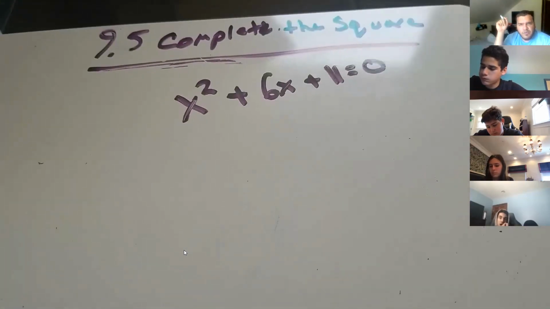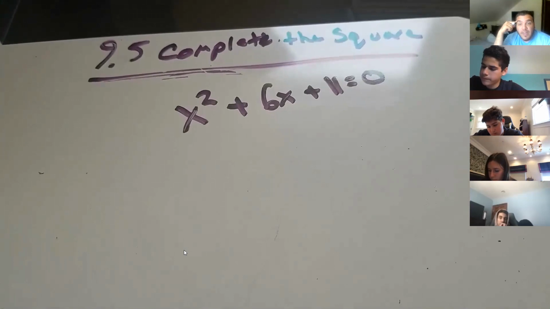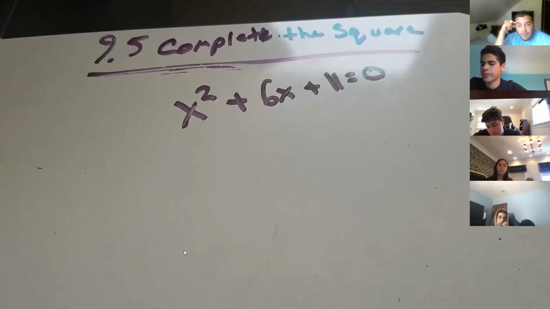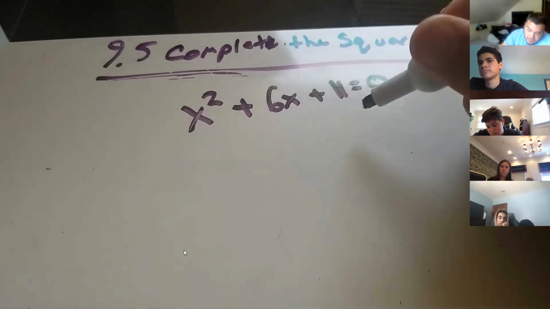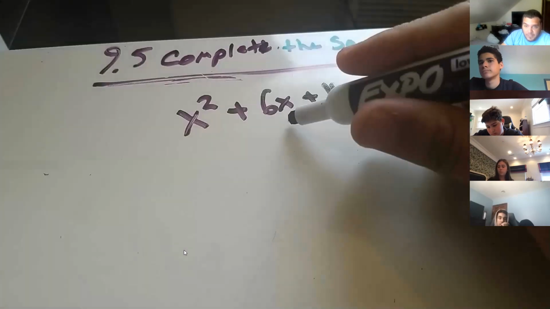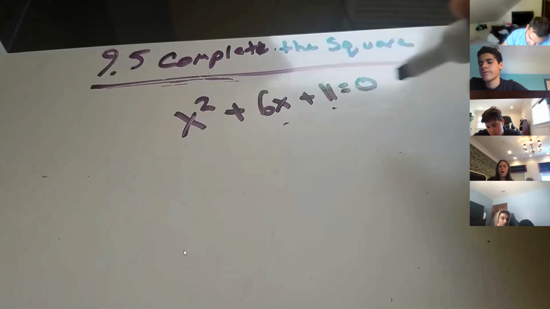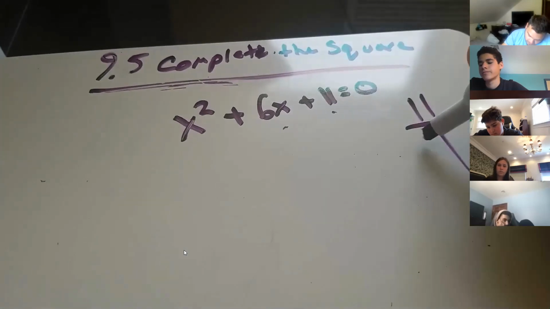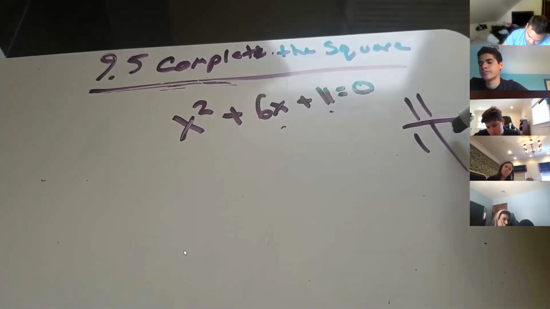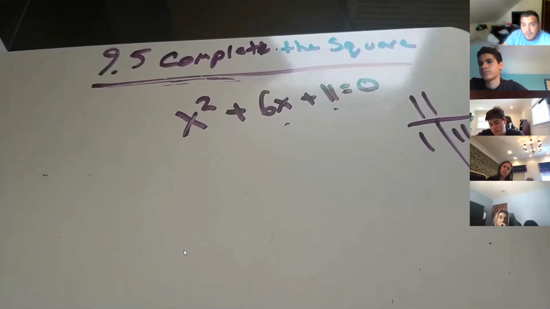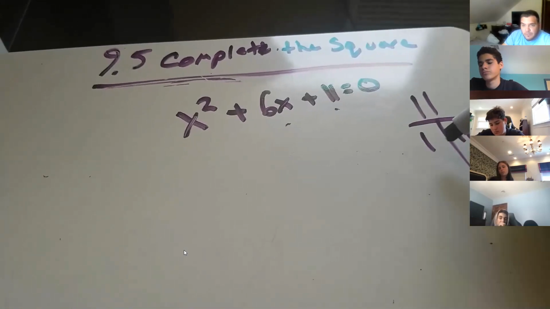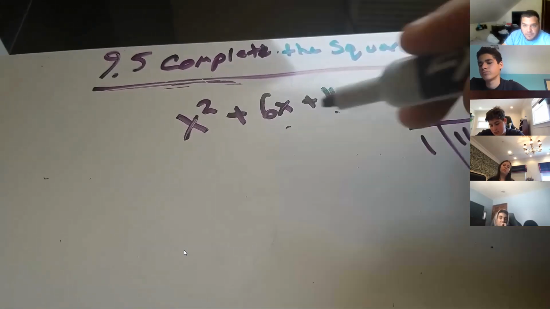Now, how we learned this before is that ABC thing, if you remember. What multiplies to C and adds to B. But there's a big issue in this situation. What multiplies to 11 is 1 and 11. Nothing here adds to B, which is 6 in this case.